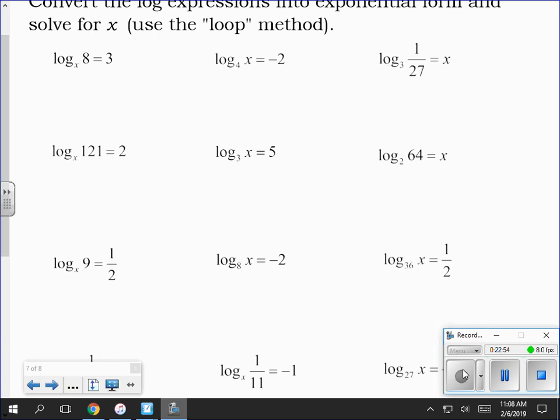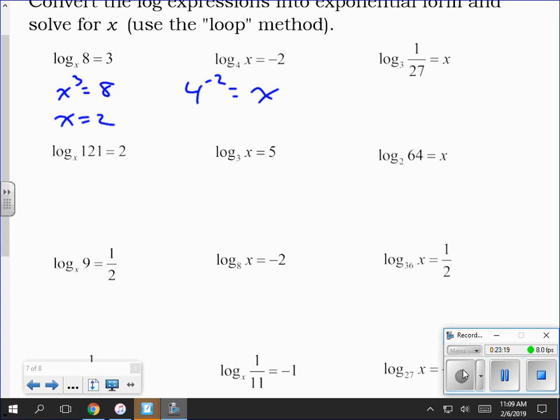Let's do these. So log base x of 8 is 3. That means x cubed is equal to 8. Guys, focus, please. So I have x cubed equals 8. What number cubed is 8? It's 2. 4 to the negative 2 is equal to x.